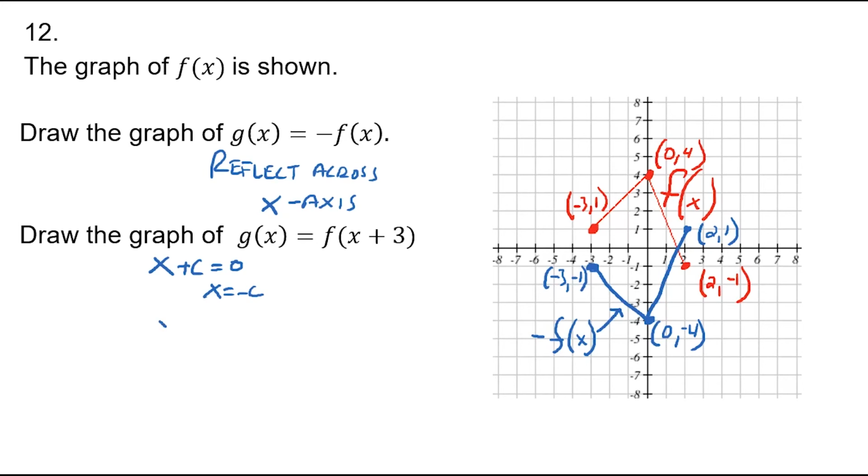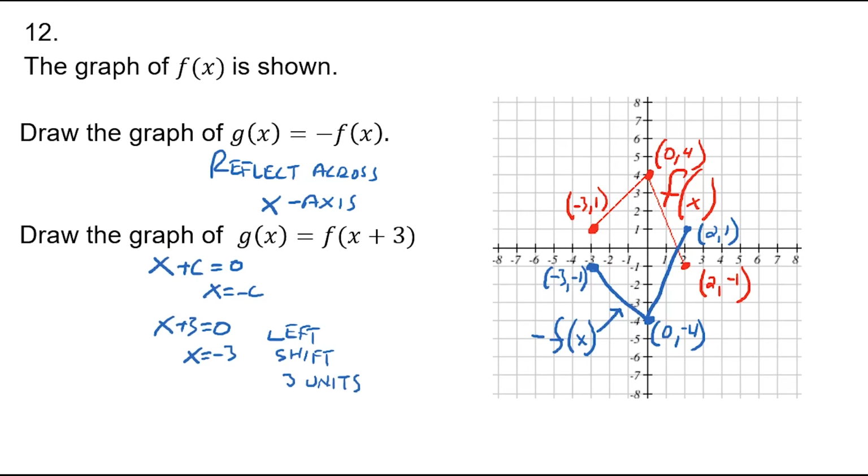So in this case, we have x plus 3 equal to 0, and we end up with x equal to negative 3. So what this indicates is that this is going to be a left shift by 3 units.